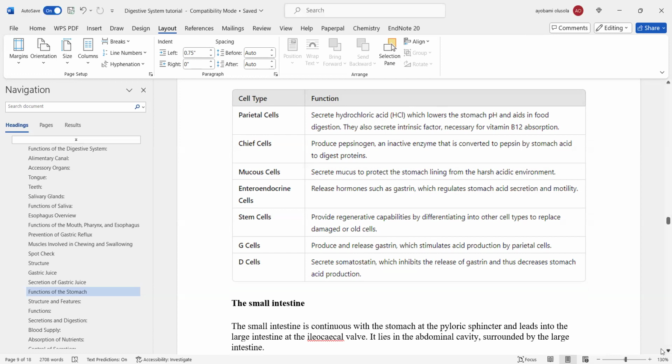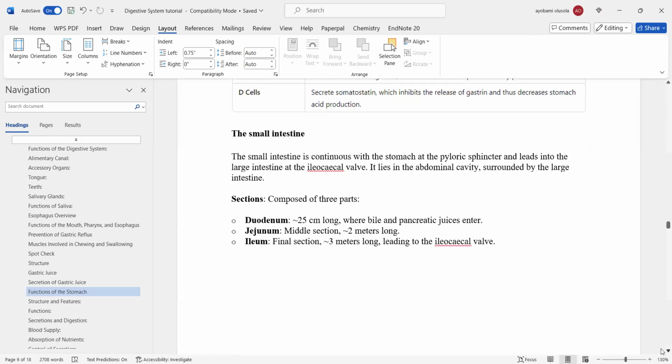So let's move to the small intestine. The small intestine is continuous with the stomach at the pyloric sphincter, and it leads to the large intestine at the ileocecal valve. The small intestine lies in the abdominal cavity and is surrounded by the large intestine.